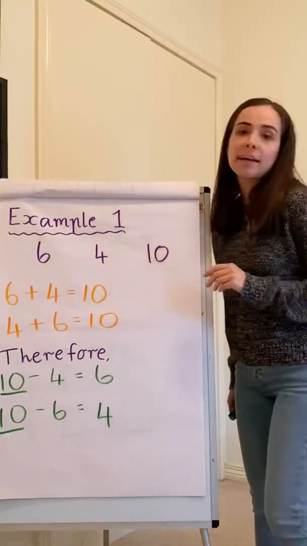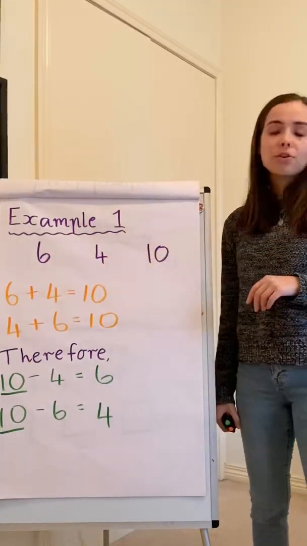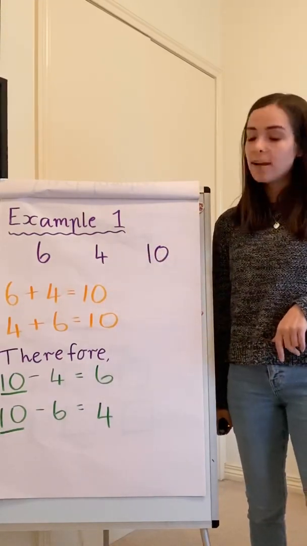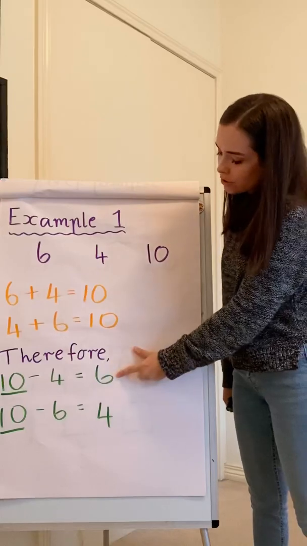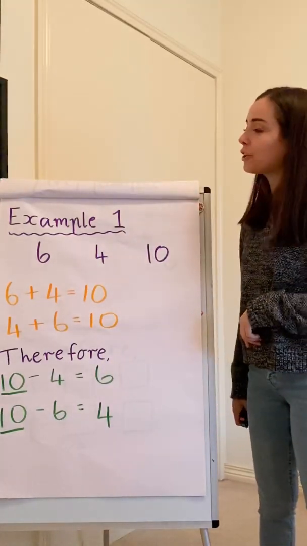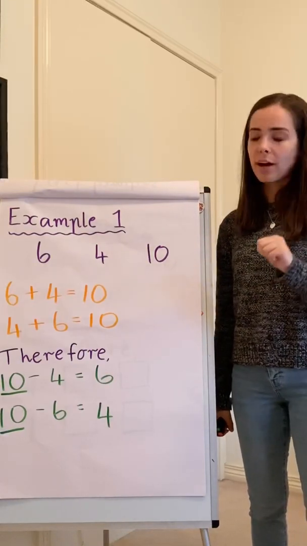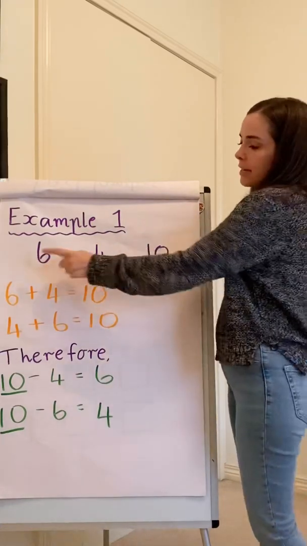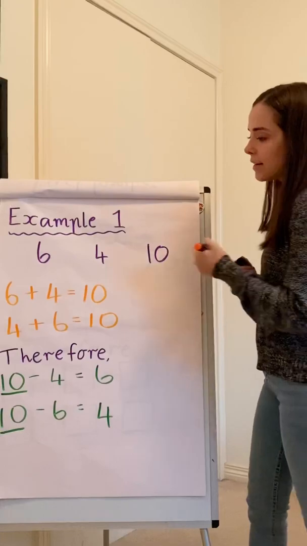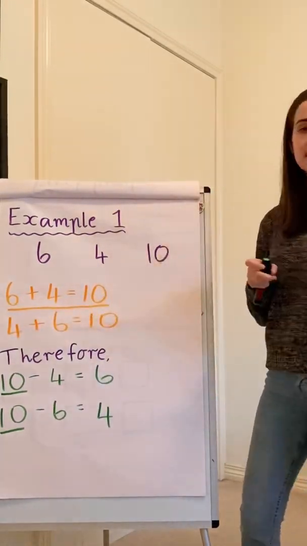When we're using fact families, we can take 3 numbers, 6, 4, and 10, and we can make one sum, so perhaps 6 plus 4 equals 10, and we can make 1, 2, 3 more sums for free. So that's what I want you to think about during this lesson: 3 for free. I've made my one sum here, 6 plus 4 equals 10.